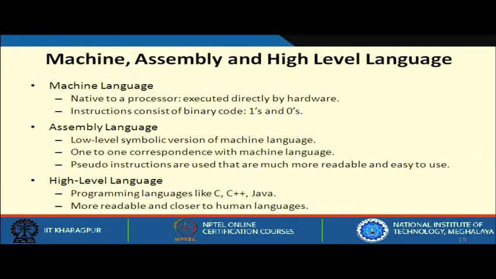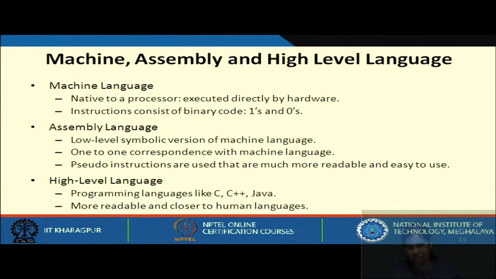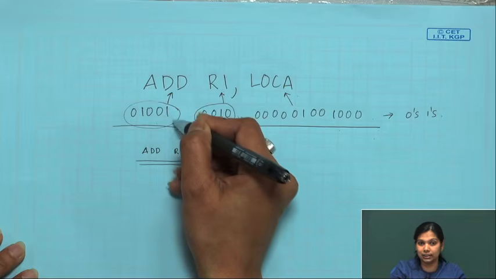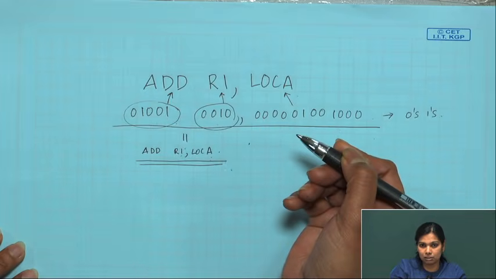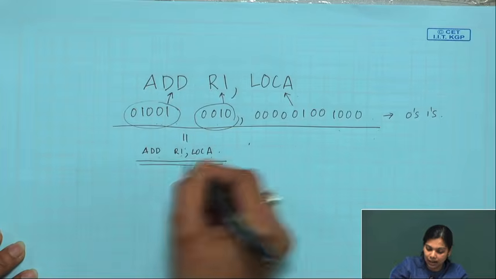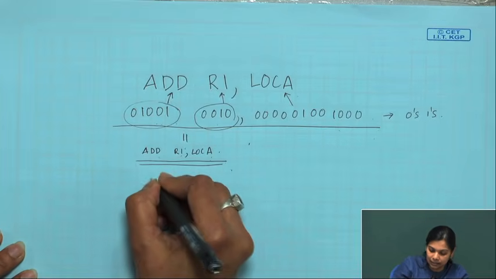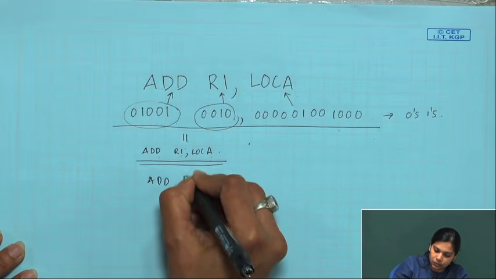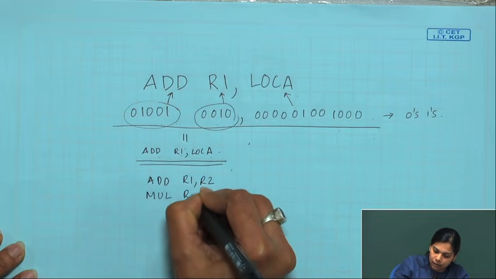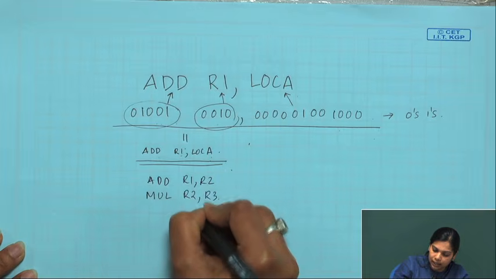Pseudo instructions are used that are much more readable and easy to use. What do I mean by much more readable and easy to use? Of course, it will be difficult for me to remember that 0110 is add, but it is very easy for me to remember this one is add. So, I can write an instruction add R1 comma R2, mul R2 comma R3 and so on.